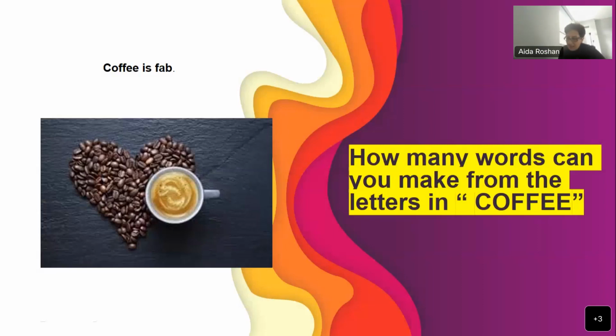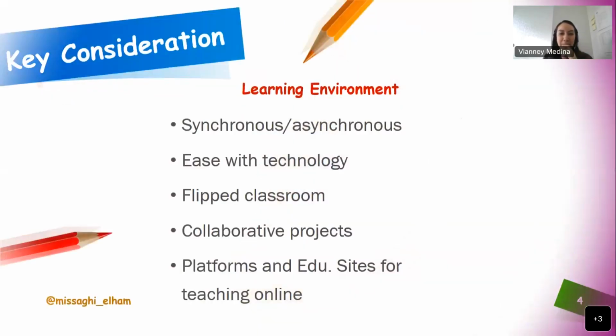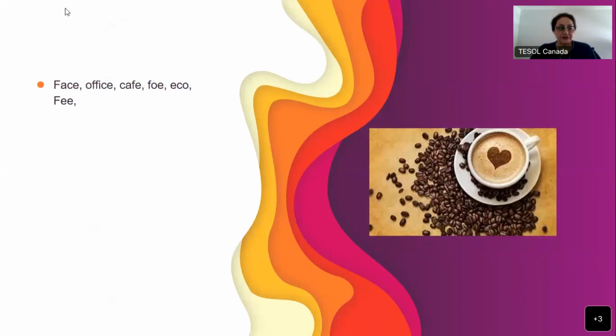Echo. Off. Off, yeah, that's nice. As you said, faux, for example, cafe, face. Face, yes. We don't have A. There's no A here in coffee.